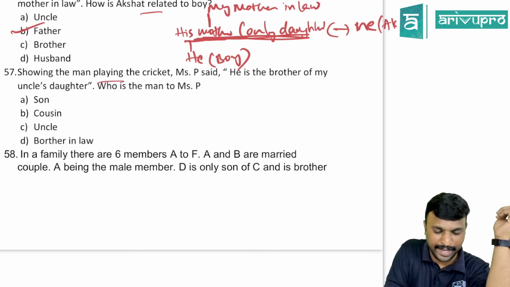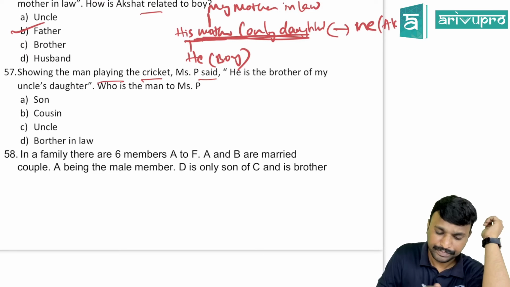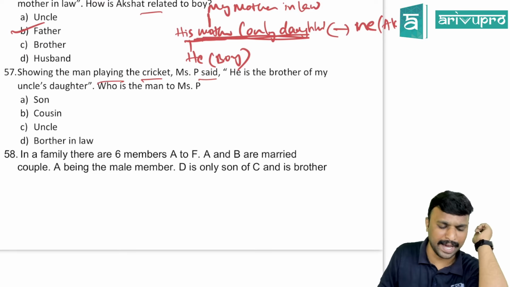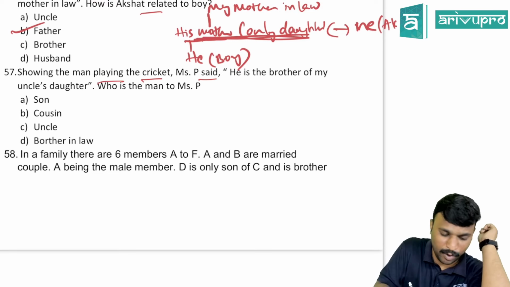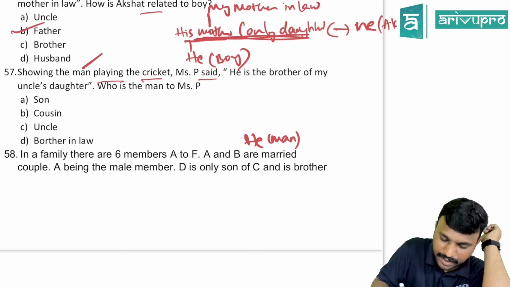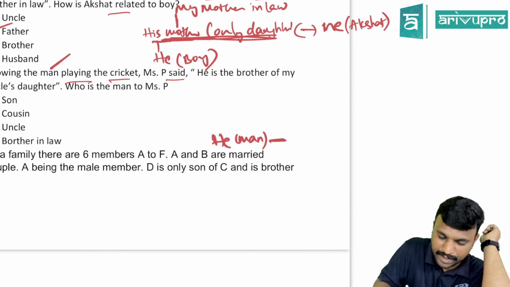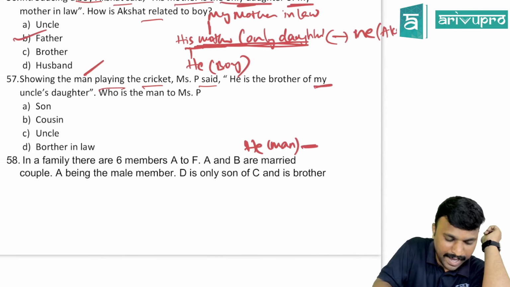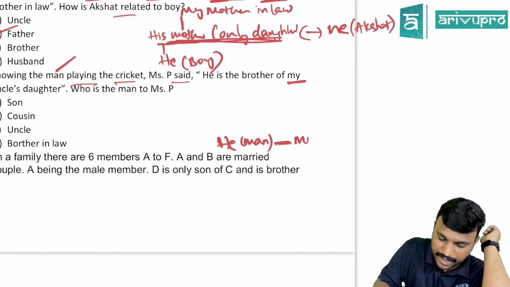Showing the man playing the cricket, Miss P said, he is the brother of my uncle's daughter. Who is he? The man. He is the brother. Brother means brother to someone. Who is that someone? My uncle's daughter. Guys, who is uncle's or aunt's daughter?